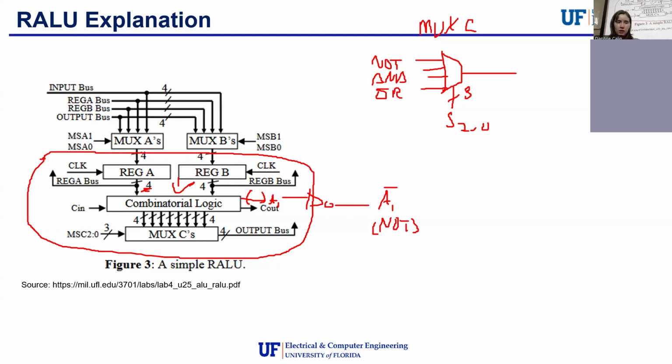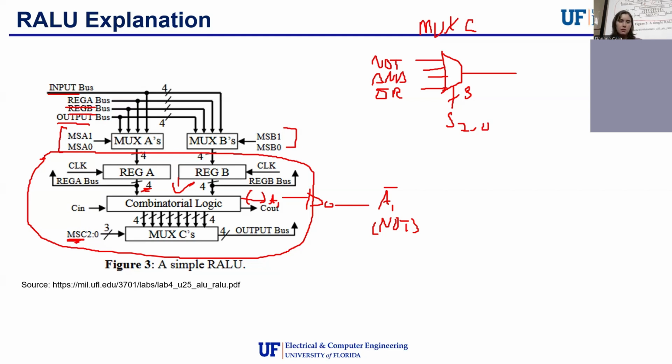You're controlling the instruction not just by changing what's in MSC, which is the actual operation being performed, but you also need to change MSA1 and MSA0, because these select which of the buses is going into register A. Since you're able to store different things into the register that goes into the ALU, you're able to do different things.